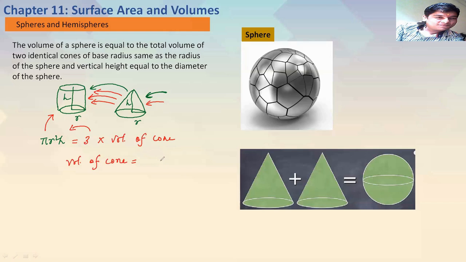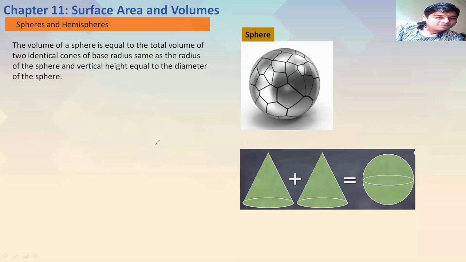Yes sir, so 3 pi r square h. Yeah, this is multiplication. If you transfer 3 to the other side, it'll be division. Yes sir, so pi r square h by 3, 1 by 3 pi r square h. That is the volume of the cone. We used it in questions the other day, right? Yes sir.